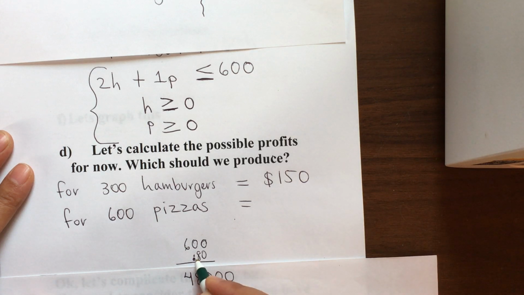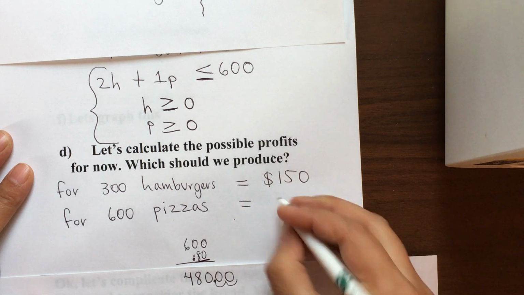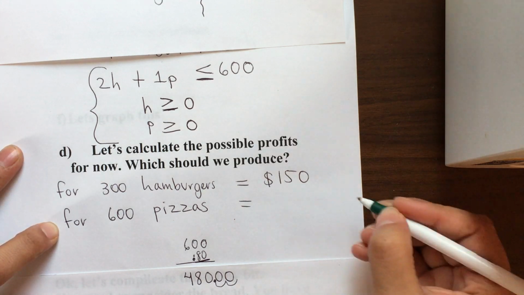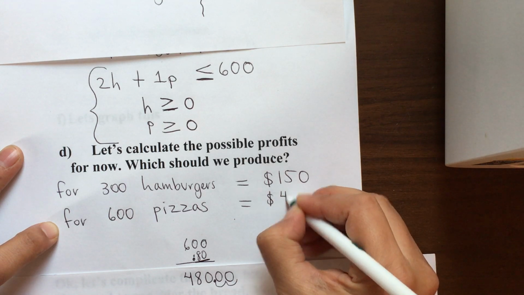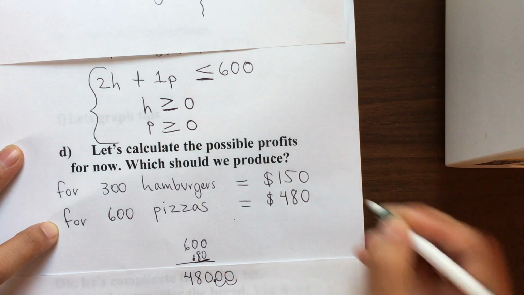However, when there are decimal places, you look at the decimal places and you have to go back however many places there are in the decimal. Since it's 1, 2, you go back 1, 2. So for the 600 pizzas, you will profit $480.